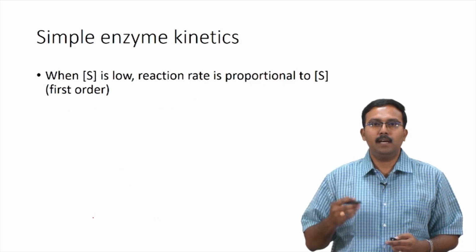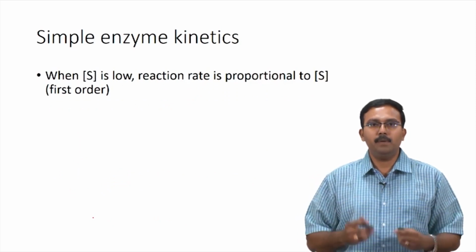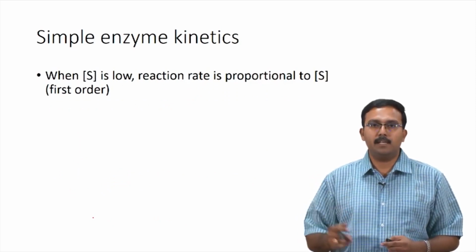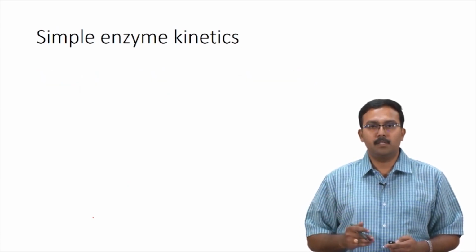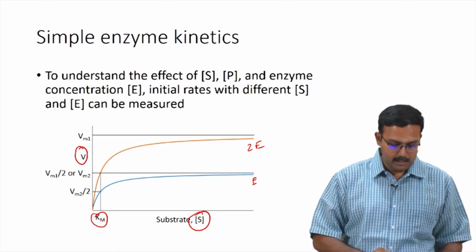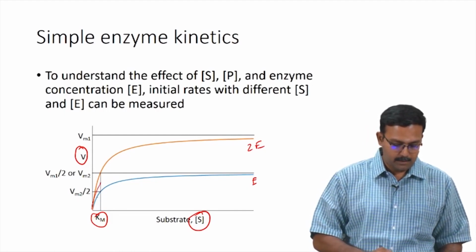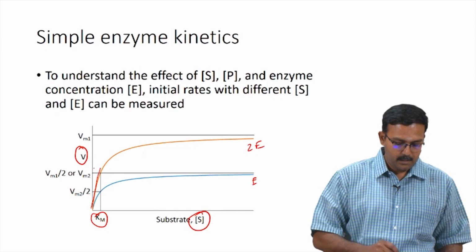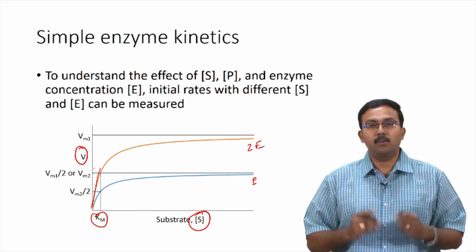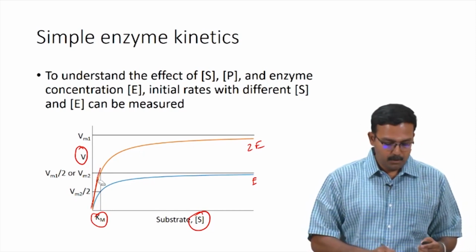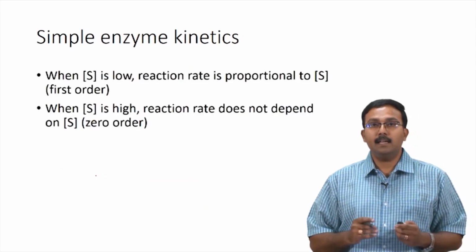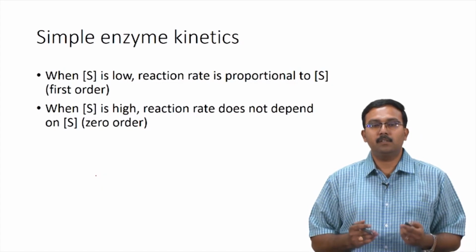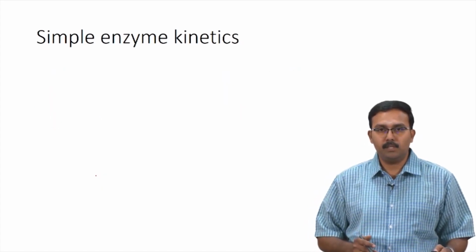If we look at this particular setup, when the substrate concentration is low, the reaction rate is proportional to the substrate concentration, which is what you see in the initial phase where it is almost a straight line. As the substrate concentration increases, the reaction rate does not depend on the substrate concentration anymore, which is what you see here.